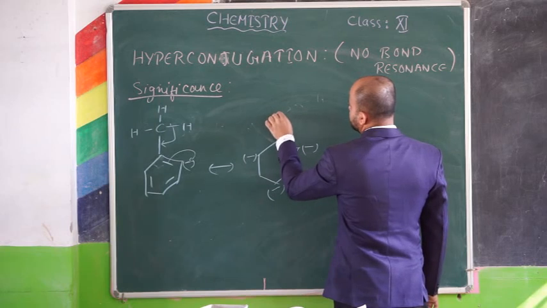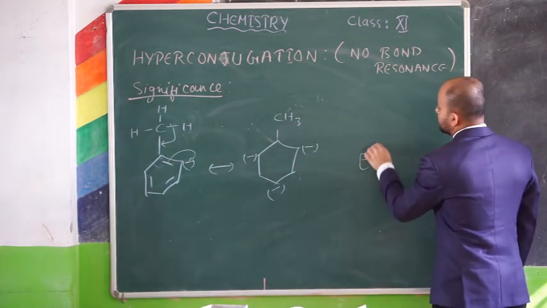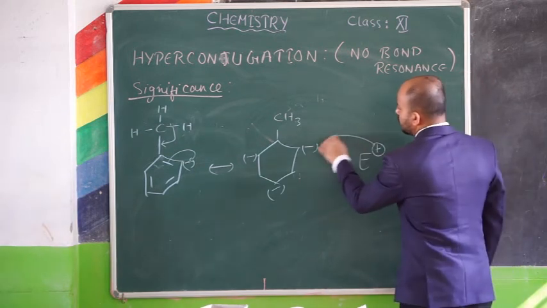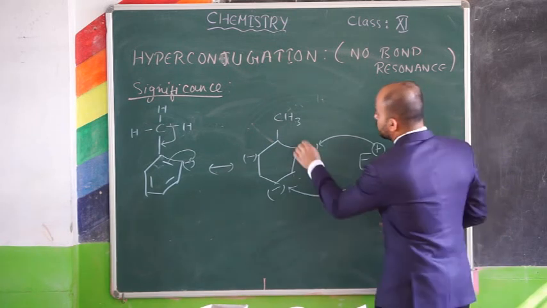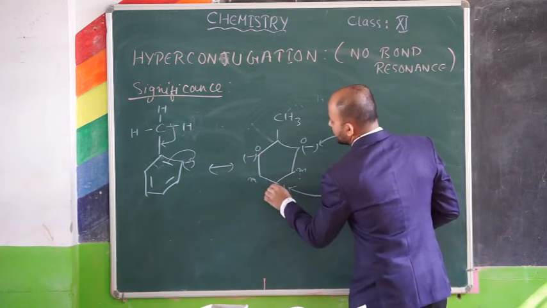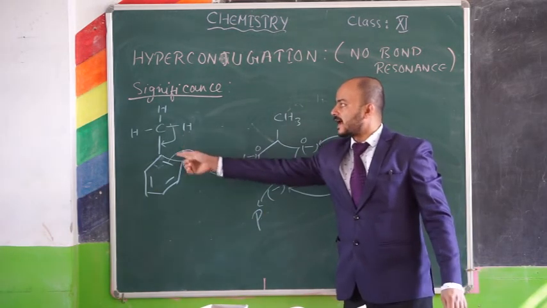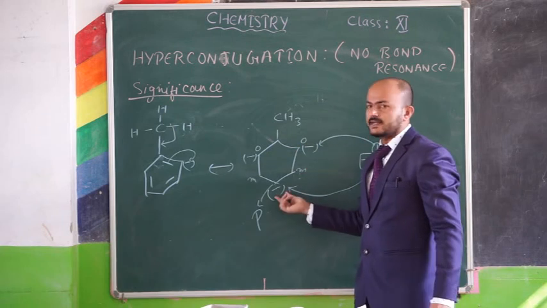This hyperconjugation effect. And whenever you have some electrophile, electrophile means electron loving, then it will come either to the ortho position or to the para position. So this is the ortho position, this is the meta position, and this is the para position. You can see that because of the hyperconjugation effect, the negative charge comes at the ortho position and para position.